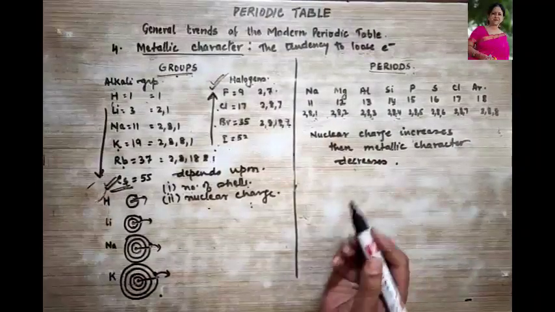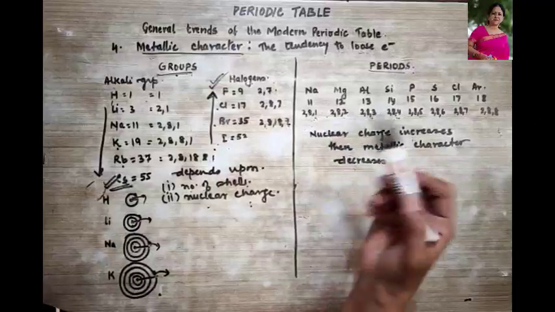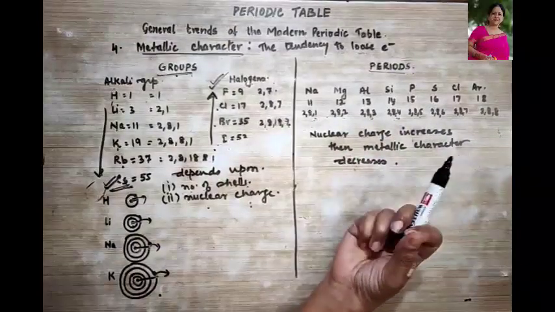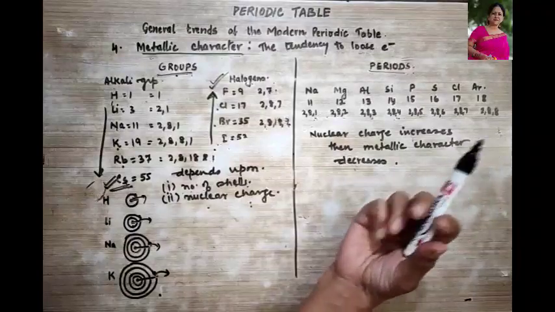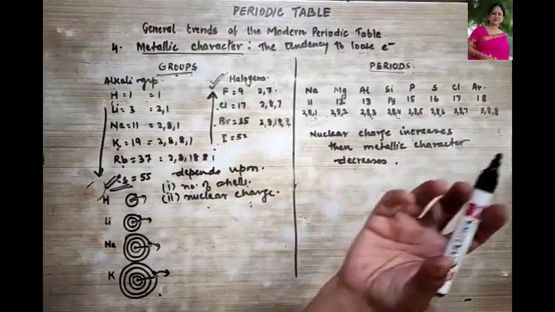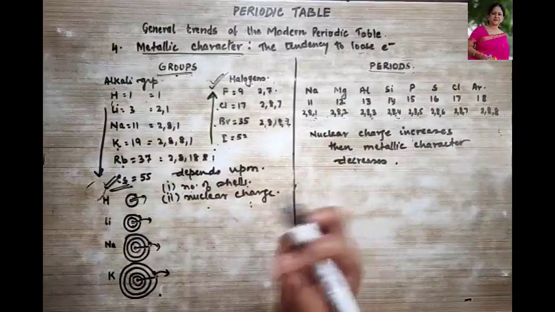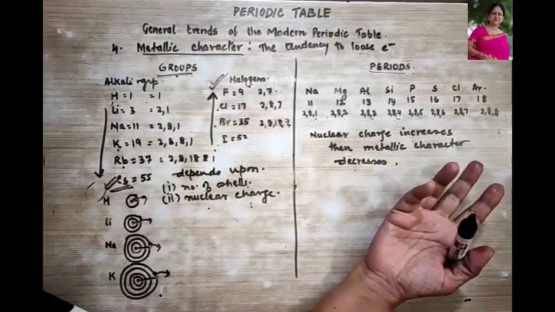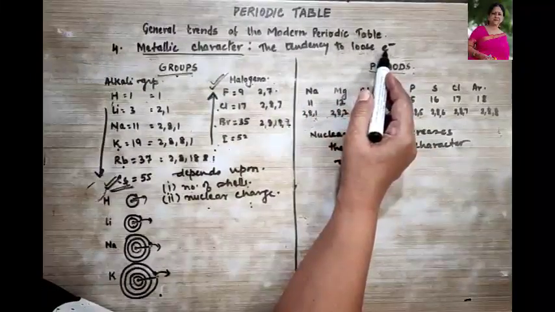Followed? Why? What did we study just now in atomic size? As we move, the atomic size decreases. When atomic size decreases, that means the nuclear pull is more. When nuclear pull is more, then how is it going to lose an electron? It will not be able to lose an electron. So there is no tendency to lose electrons.